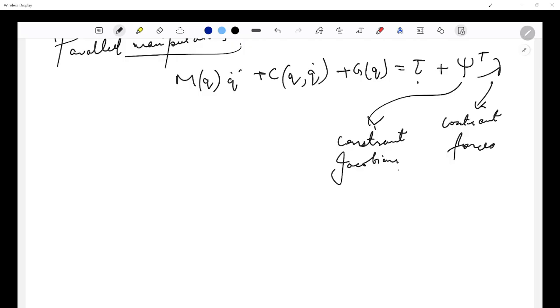Now let's talk about Cartesian control. Why is it needed? Because constraints are in Cartesian space and inverse kinematics is complex.